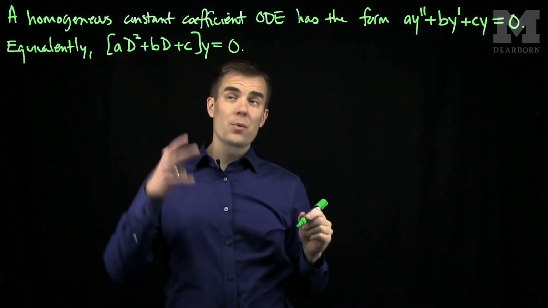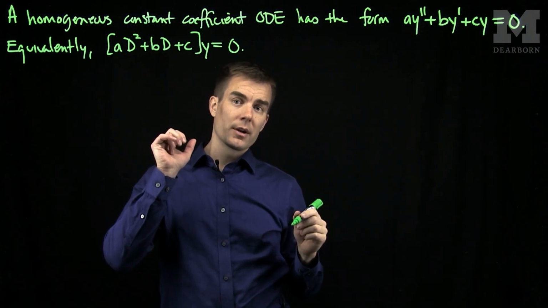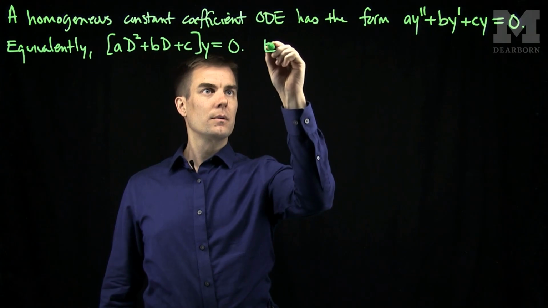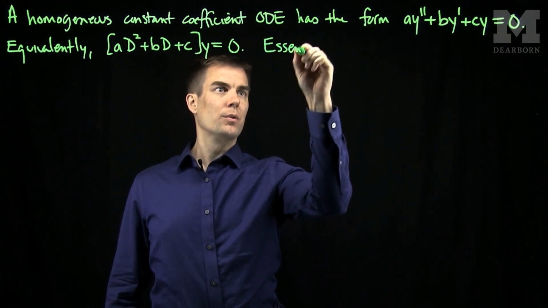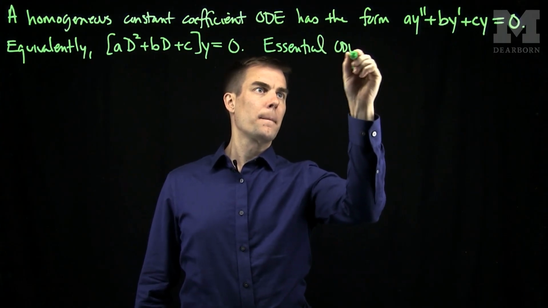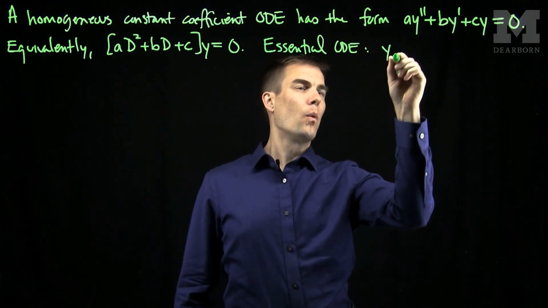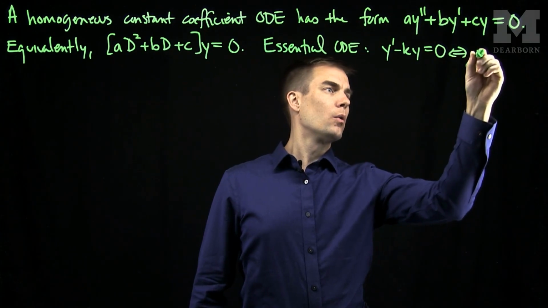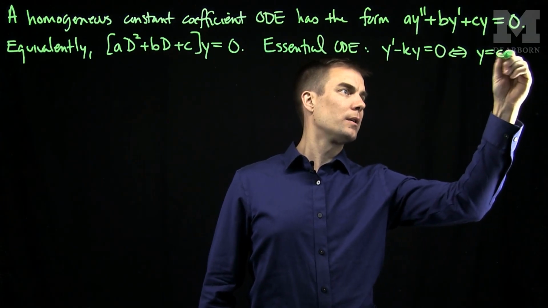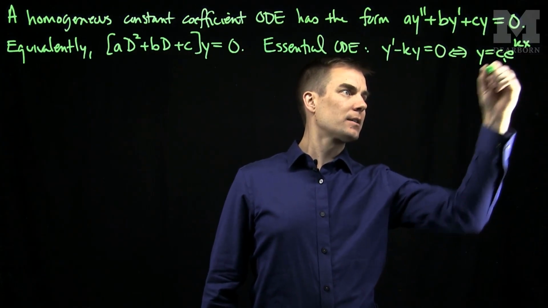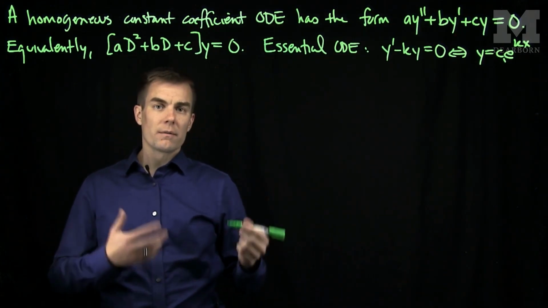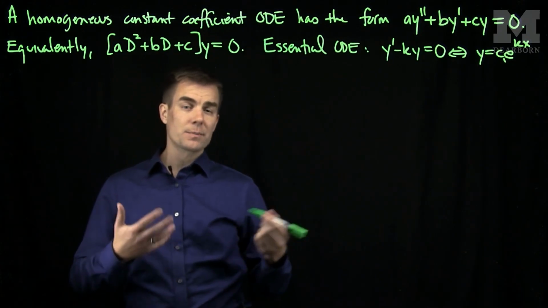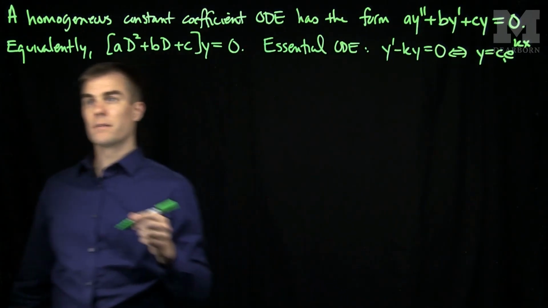And last time we saw that we can factor this differential operator and use the fact that solutions of our essential ODE, y prime minus k y equals 0, where y equals c1 e to the kx, to solve the equation. However, in the case when there are repeated roots, we can't exploit the information from the previous video.